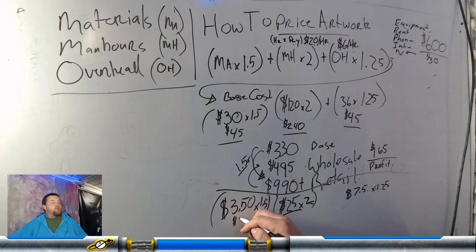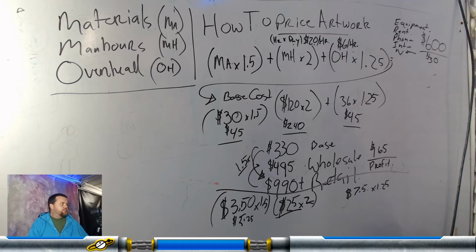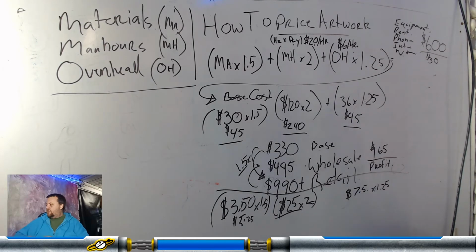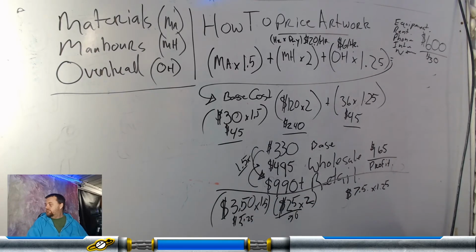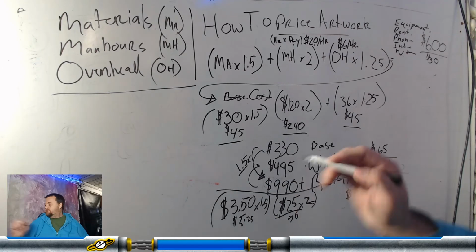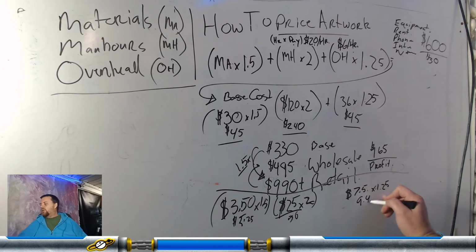That means materials are 525. This is 50. And $940 basically.